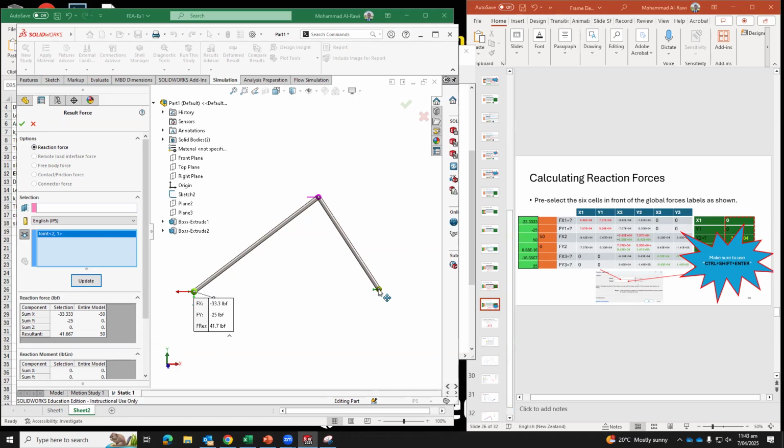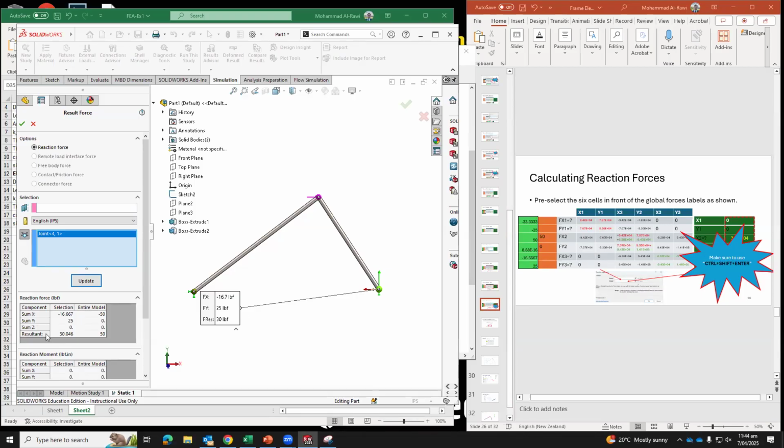Now, if I want to check as well for this one, update, you see the values will be whatever we got from the other point. And this one, you get X sum, X and Y. It's best to do it one by one so you don't confuse the software. Calculate, that will give me the minus 16.66 and the 25.